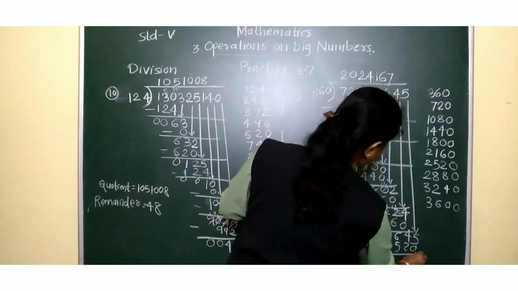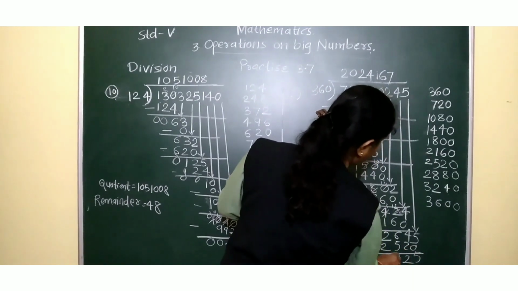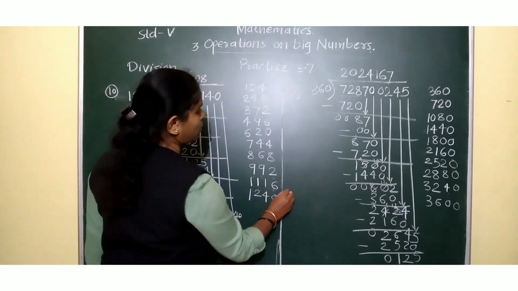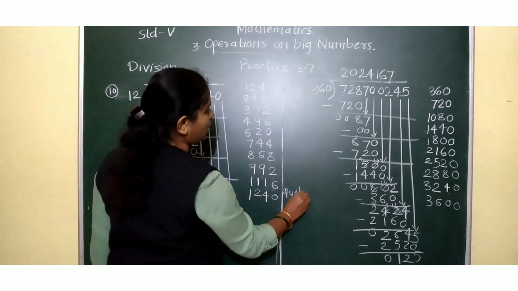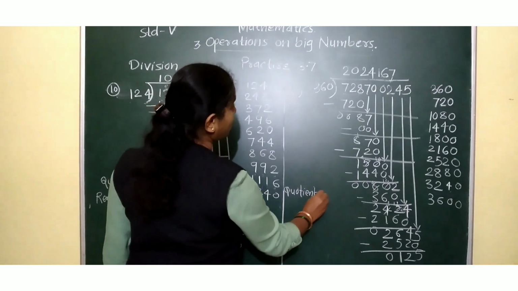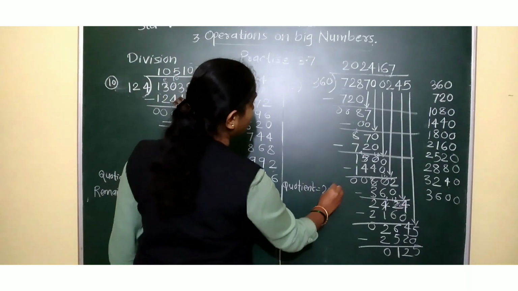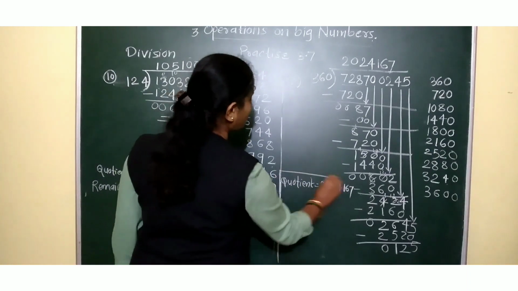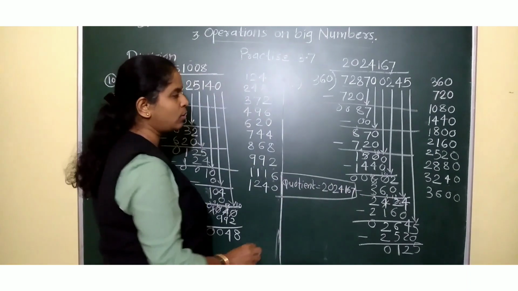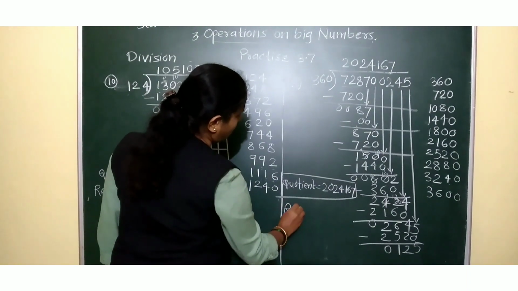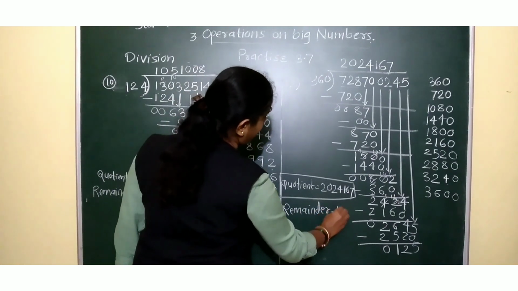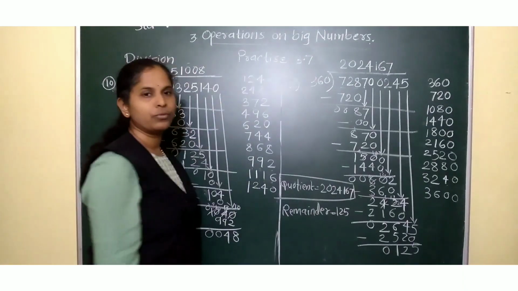So the answer is 5210. So what is quotient? In this way, we have to divide the big numbers. Basic division remains as it is. Okay, nothing change in that. And remainder is 125. Got it?